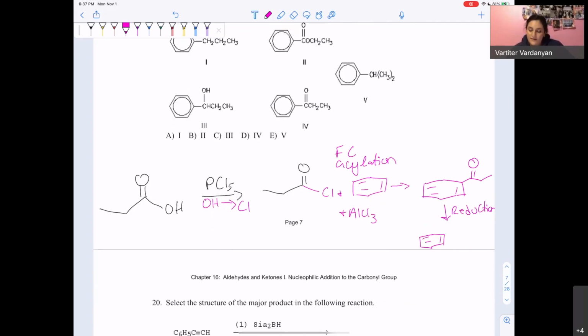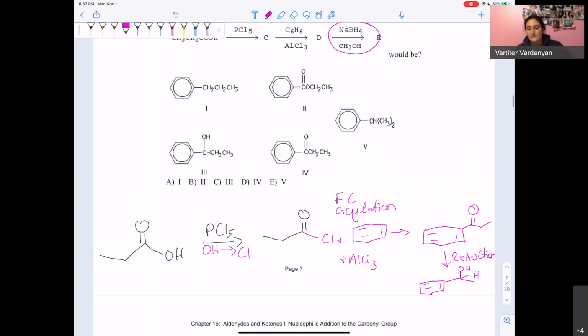Secondary alcohol. Perfect. So we end up with this. And if we look at the answer choices, no O whatsoever, double bonded O, no O whatsoever, double bonded O, OH. So the only one that makes sense is number 3, or C.